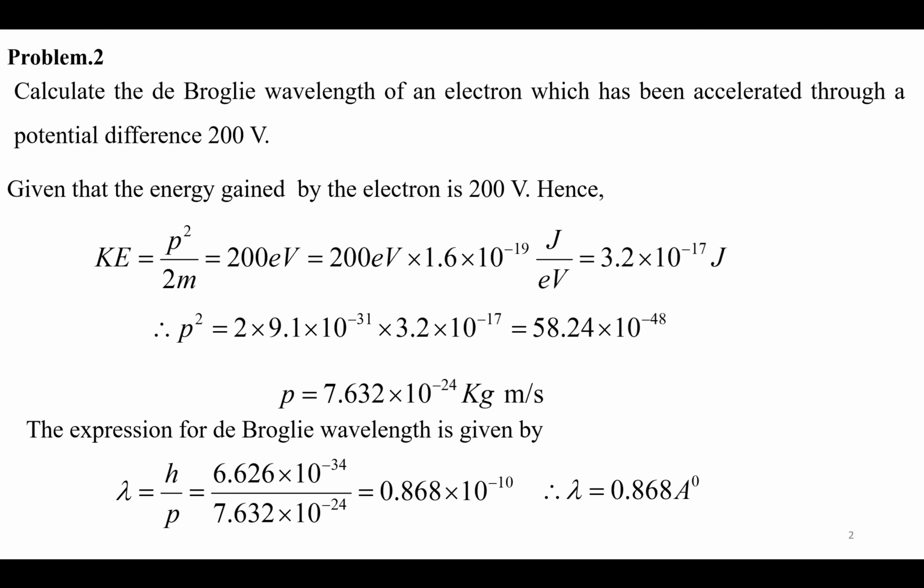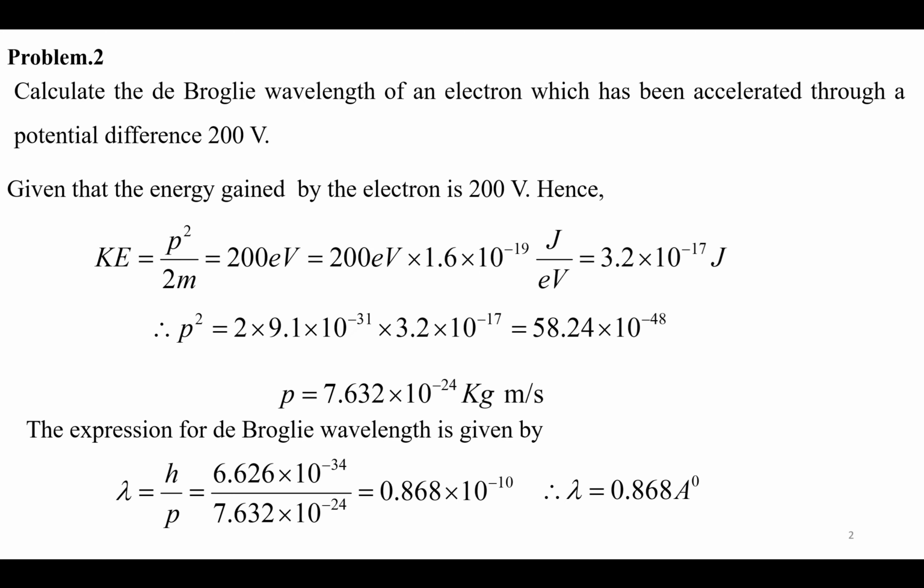Problem 2 goes like this: calculate the de Broglie wavelength of an electron which has been accelerated through a potential difference of 200 volt. Through this potential difference the electron gets kinetic energy, so the kinetic energy is given.